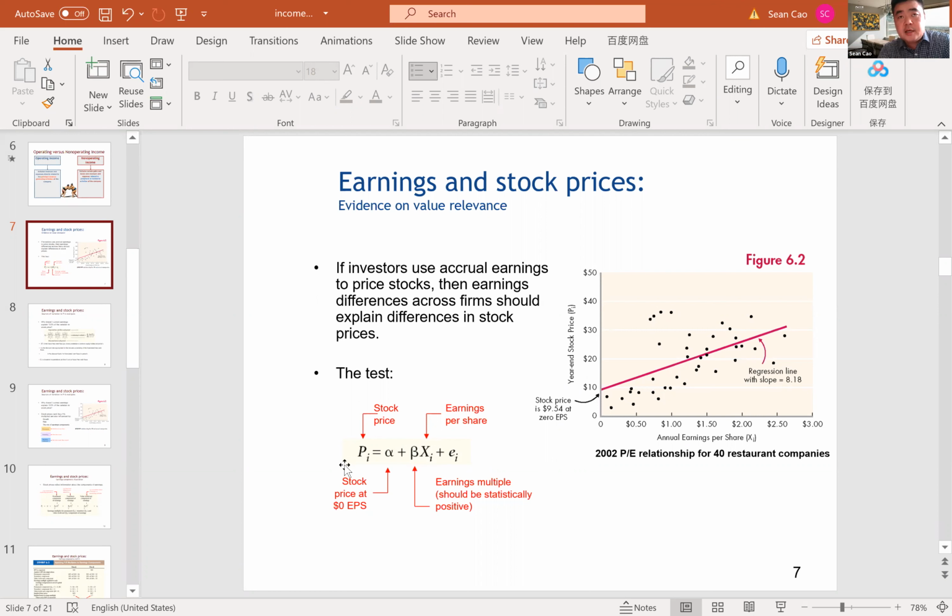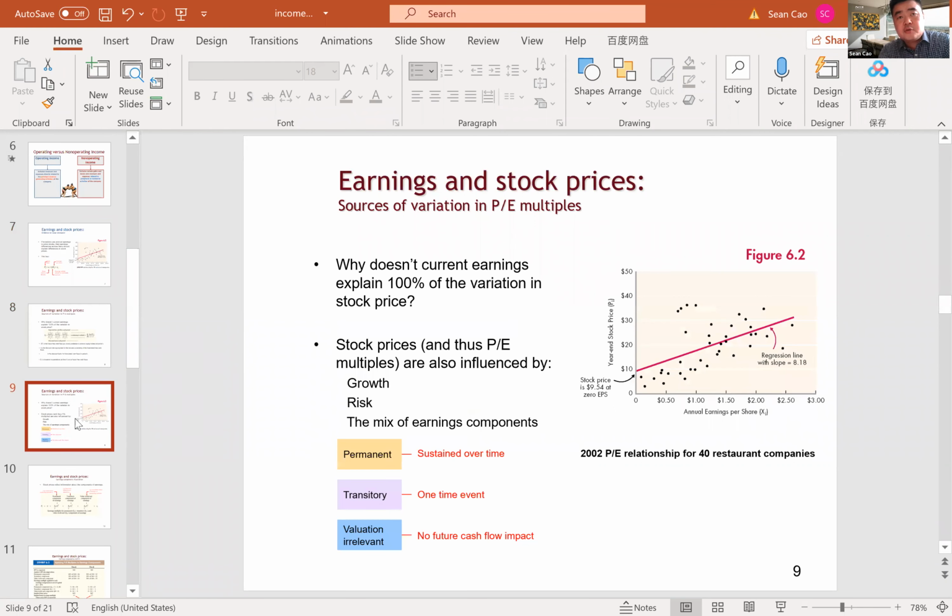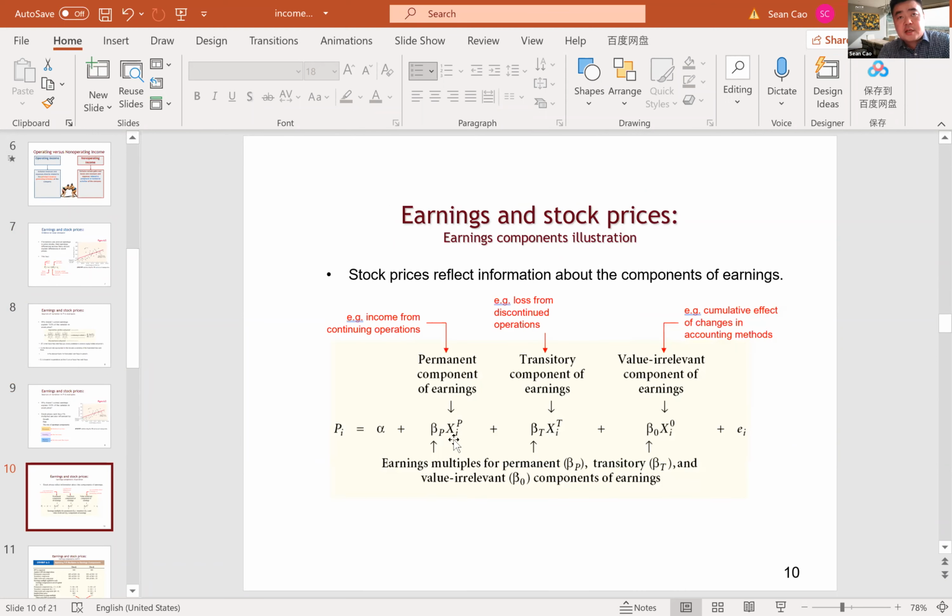So the idea here is, instead of just looking at the $10 of Apple earnings, you want to look at the decomposition of the Apple earnings. How much is from the primary business? How much is from the side business? So this is the idea I want you guys to have. And so going back here, if the earnings are from the primary business, the beta will be higher.